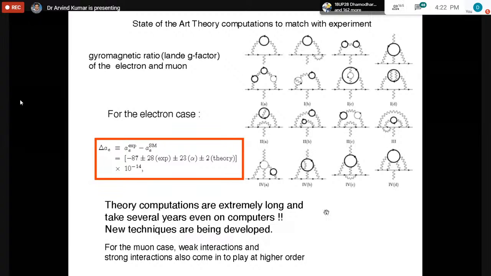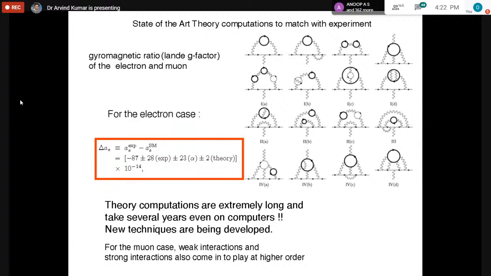There are parts of the 5th loop also computed. These computations sometimes take 10 years or so. Of course, they are not done by hand because these are extremely complicated; they are done by computers. And as far as I know, there is only one group doing the 4th loop and 5th loop computations in QED.